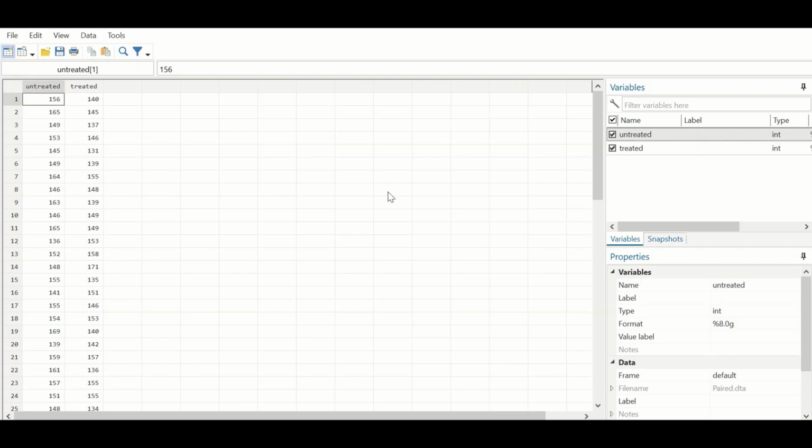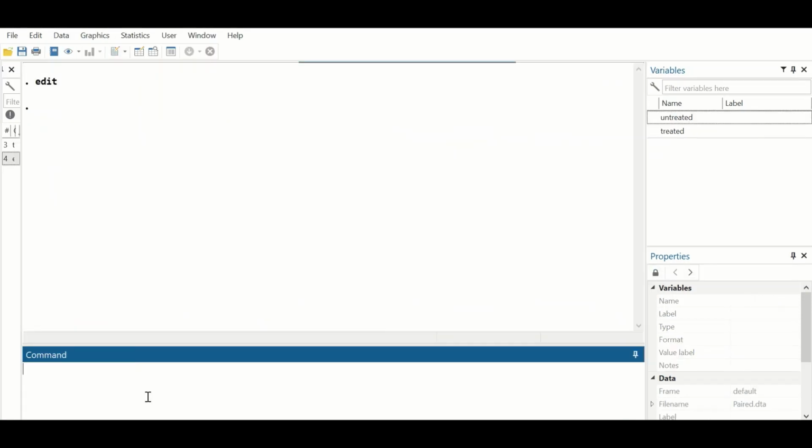To do the analysis, in the command section type ttest, space, then the name of the first variable, which is untreated, and then insert an equal sign twice, and then treated.